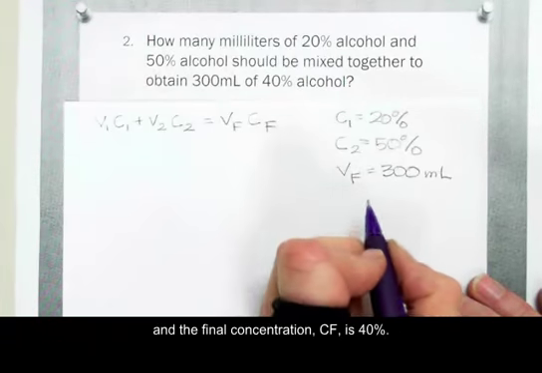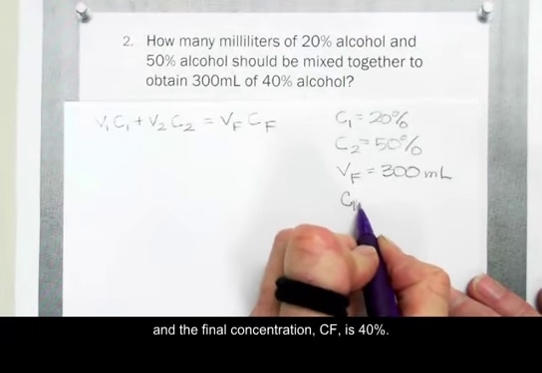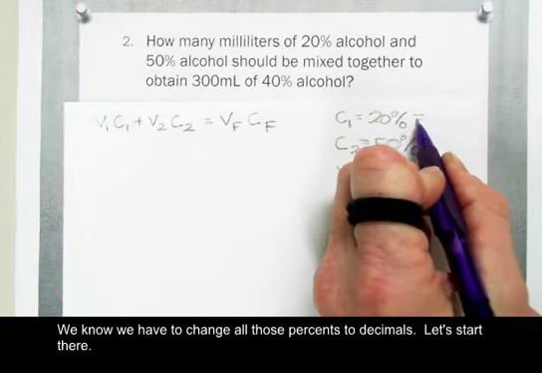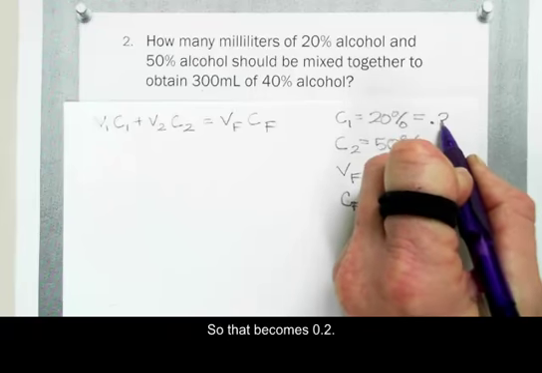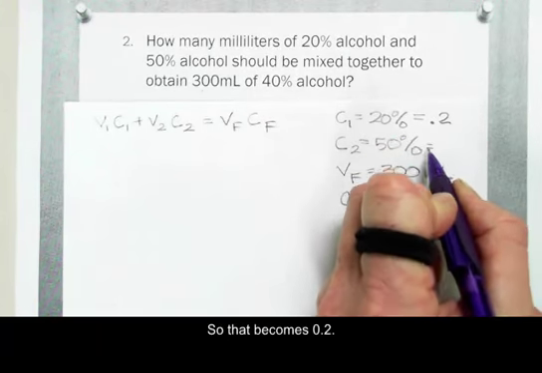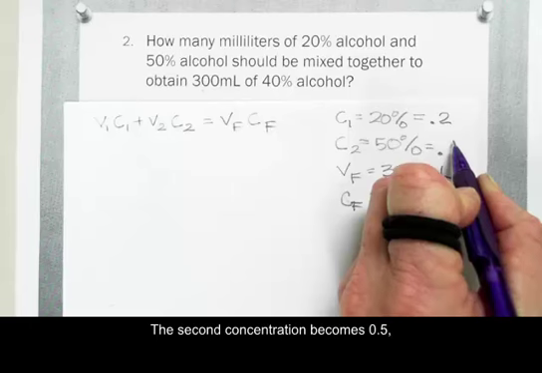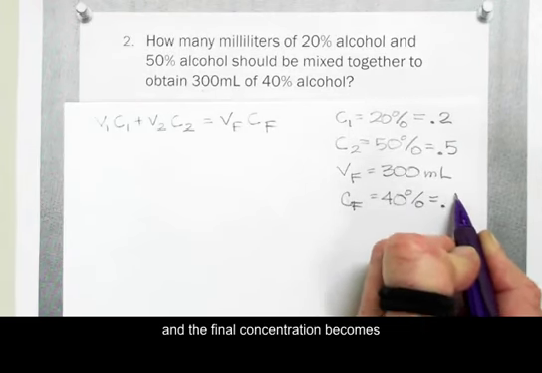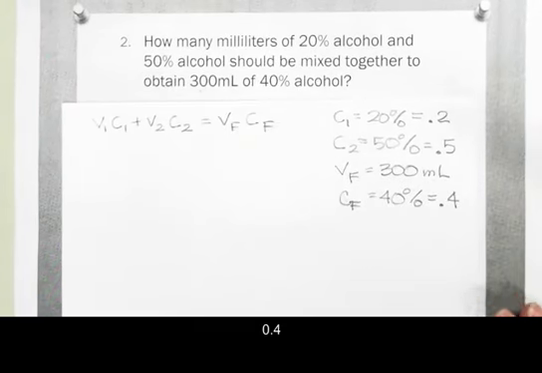And the final concentration, C sub F, is 40%. We know we have to change all those percents to decimals. Let's start there. So that becomes 0.2. The second concentration becomes 0.5. And the final concentration becomes 0.4.